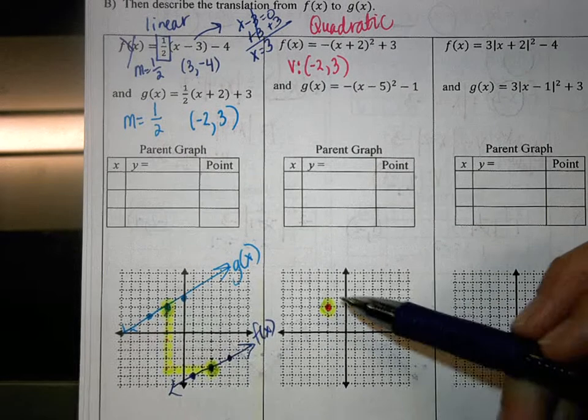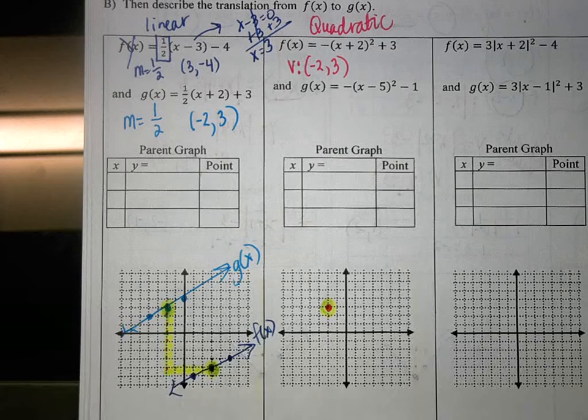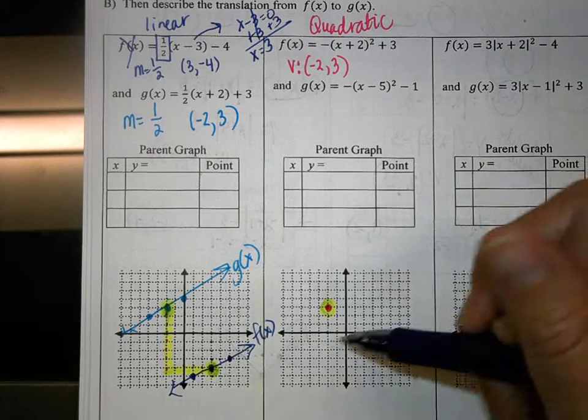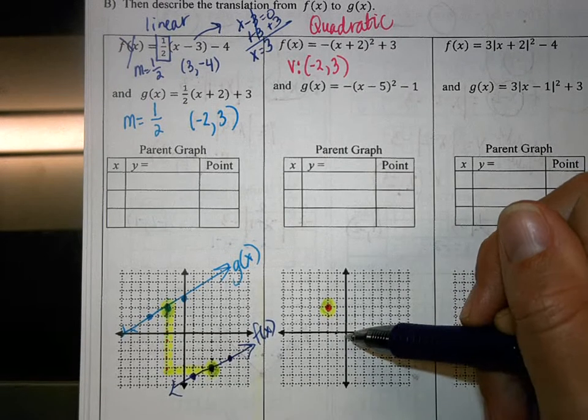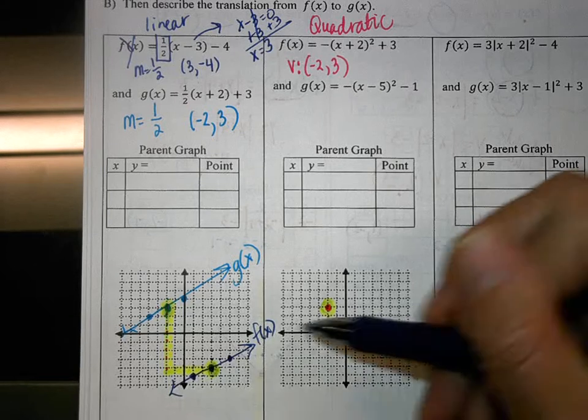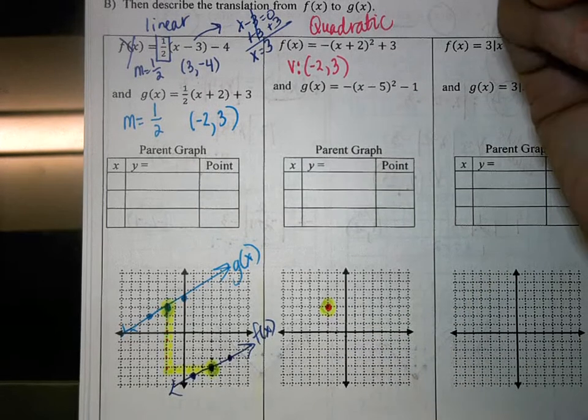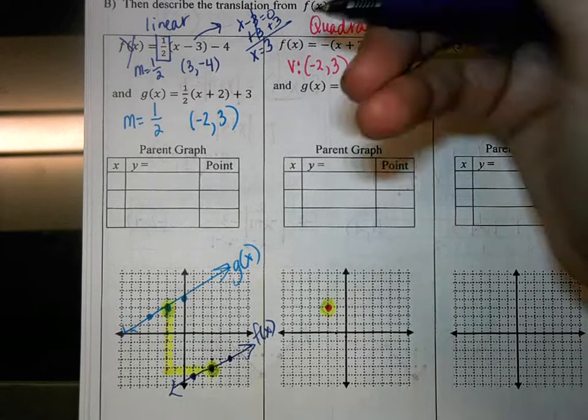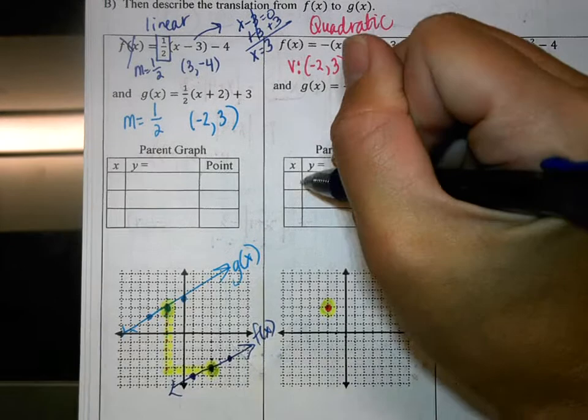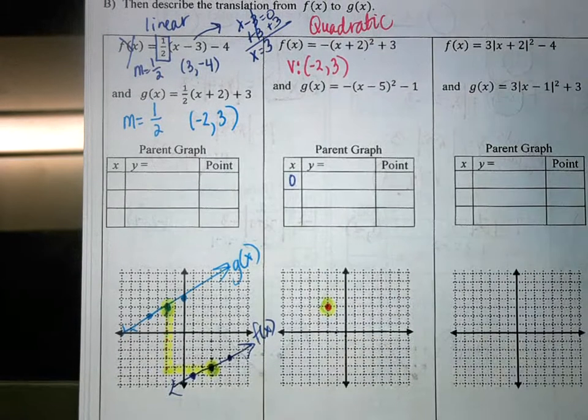So what would be a good point to plug into this? You could either do -1 or you could do 0. Okay, so you guys want to use 0? Okay, so I'm going to write it right here. We're going to plug in 0 for x.